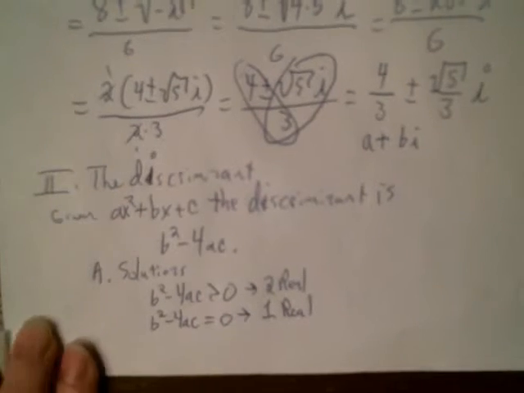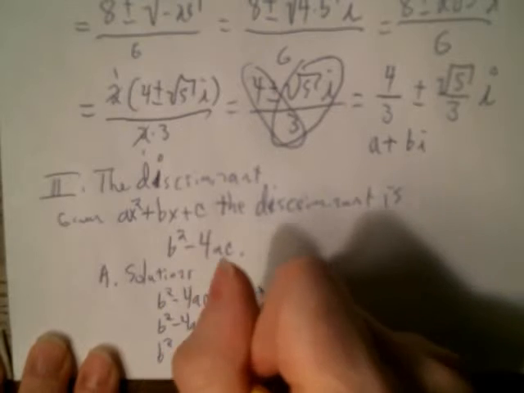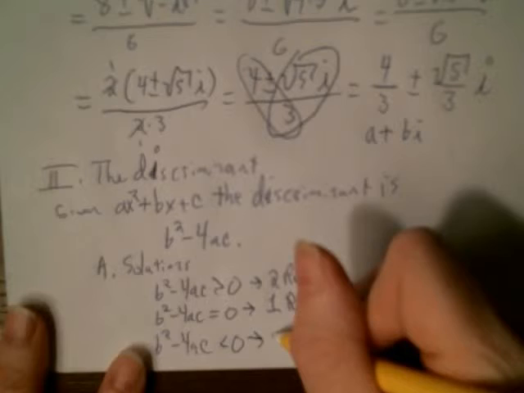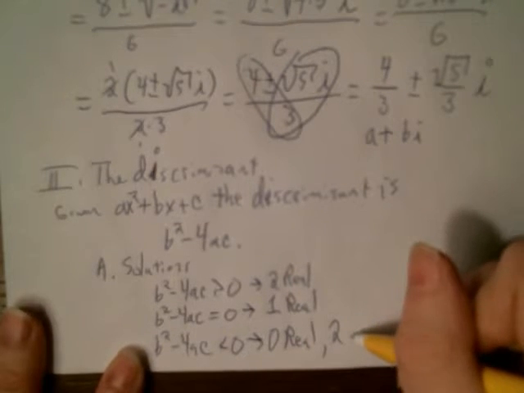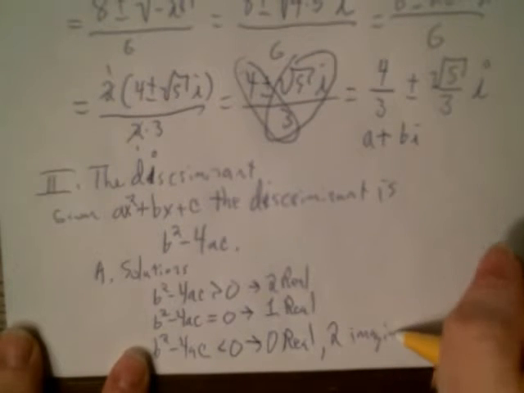And if the thing is less than 0, like it was in the previous case, you'll have no real solutions, but you'll have two complex solutions, or 2 imaginary. There'll be questions where all you're doing is figuring out the types and the number of solutions.